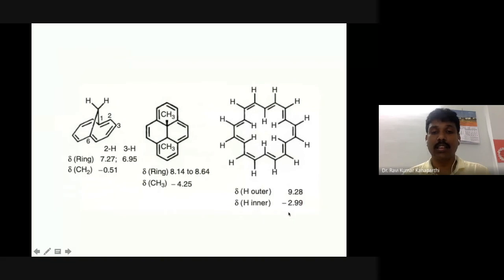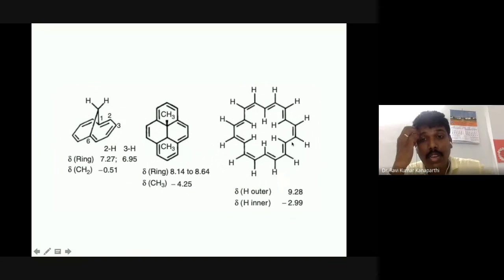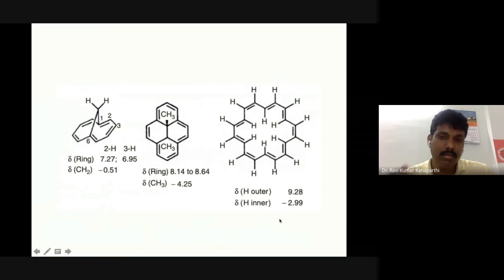These are some of the other examples: a pyridine derivative and again a bicyclic compound. And this is an aromatic compound, called 18-annulene. In this molecule again you can see the core, you have the protons. These core protons are found in a shielding region, whereas the peripheral protons will be absorbed at 9.28 delta ppm.